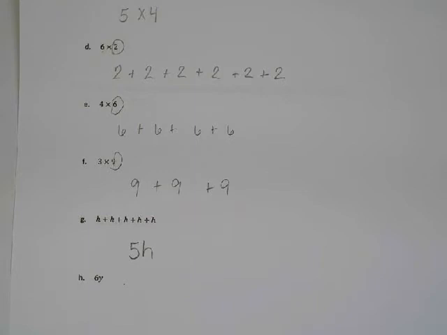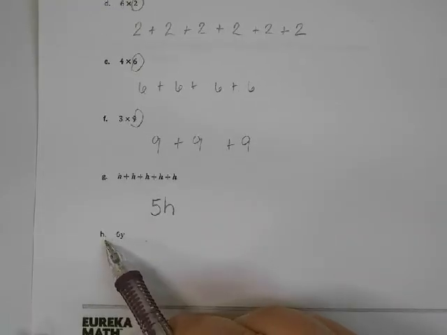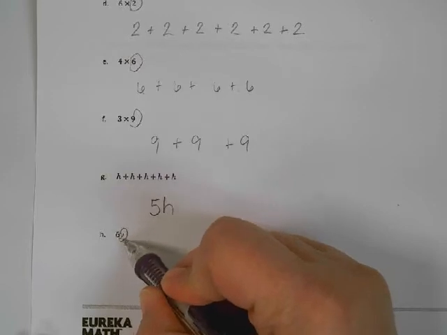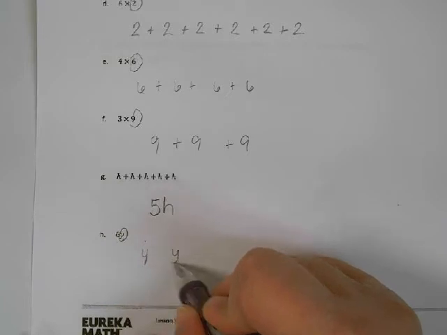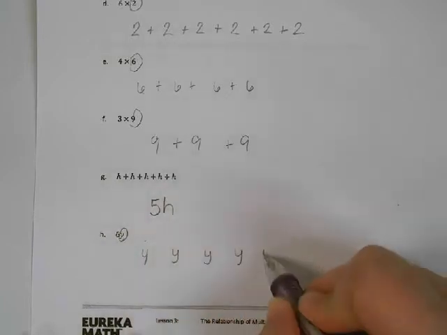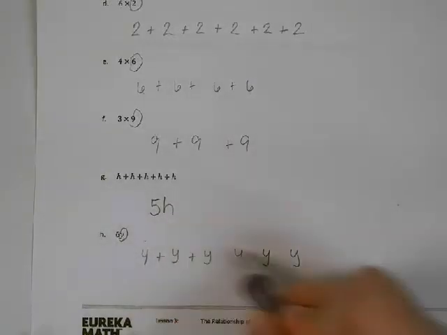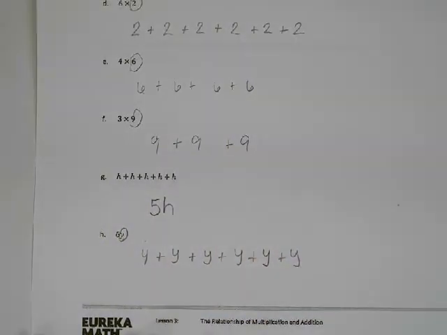So 5H, 5 groups of H. Now for letter H, this expression tells me 6 groups of Y. So this Y is what I have to write 6 times. Y, Y, Y, Y, Y, Y. So I have 6 Y's, and then I just add in my addition operation. Let's go on.